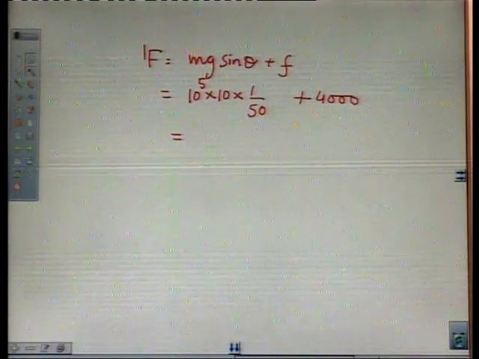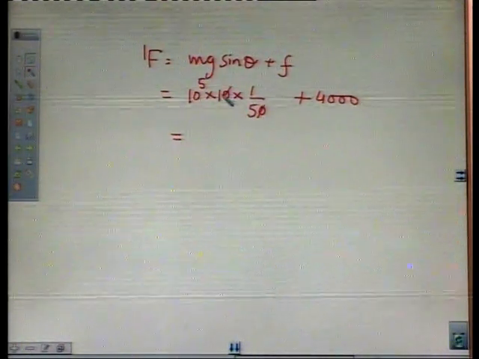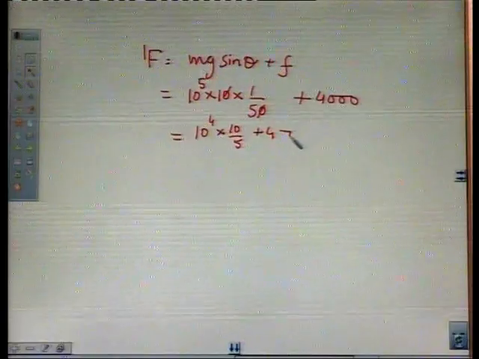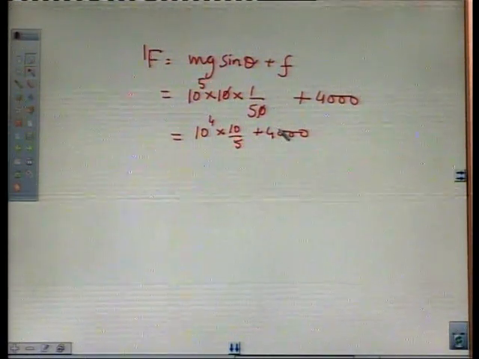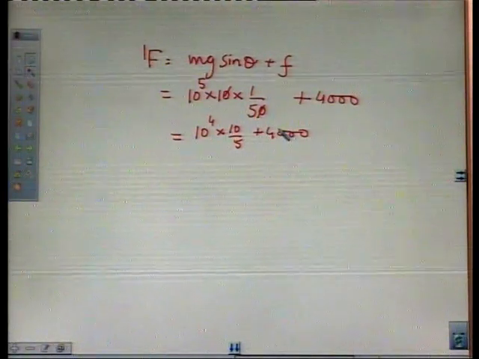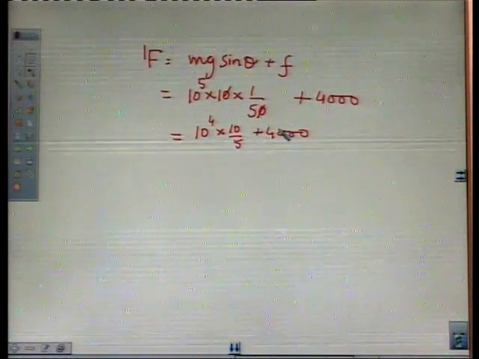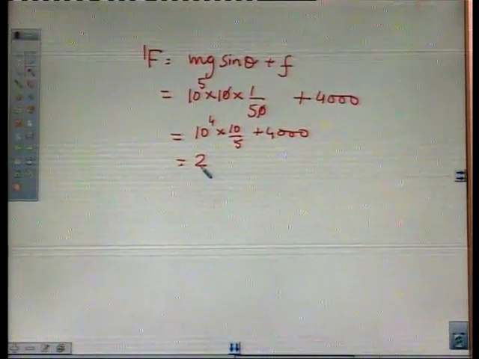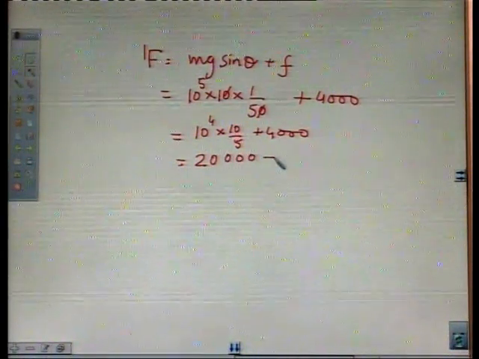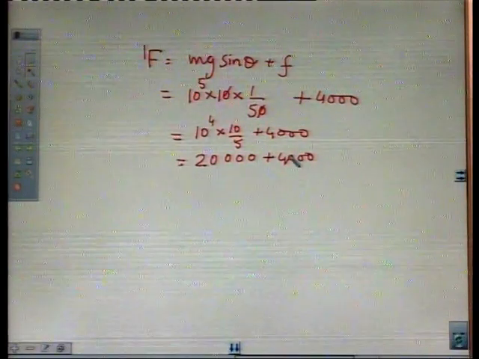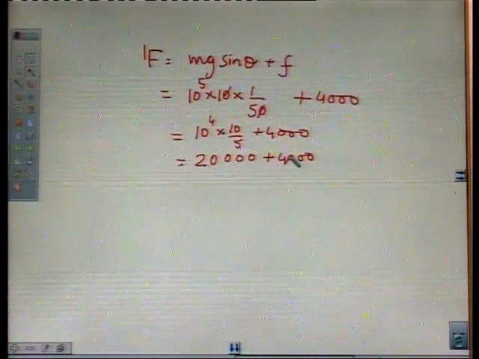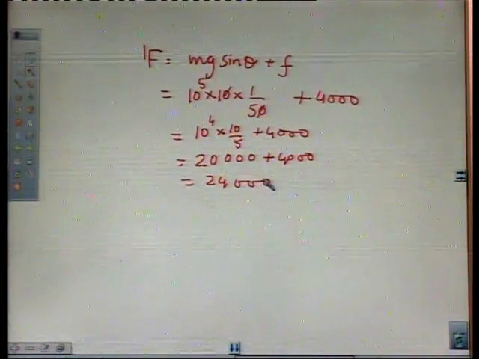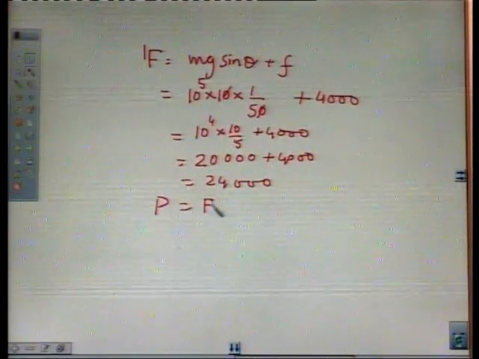So, you get, zeros cancel, 10 to the power 4 into 10 by 5 plus 4000, or 20,000 plus 4,000, that is 24,000 Newtons.